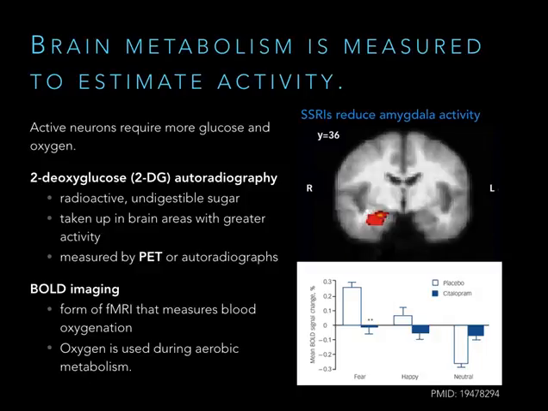So you can see the blue bars are showing you the amount of amygdala activation when shown fearful, happy, or neutral pictures in the presence of an SSRI. So SSRIs are going to reduce negative emotionality, most likely, by reducing activity in the amygdala. Right? That's just what this one little piece of data is showing us. Right? So we can actually estimate the amount of activity by just simply gauging the amount of metabolism that's going on, because a more active brain region is going to undergo higher levels of metabolism.